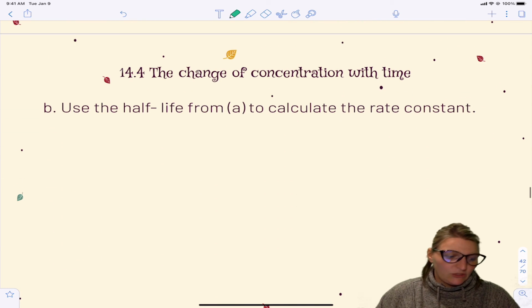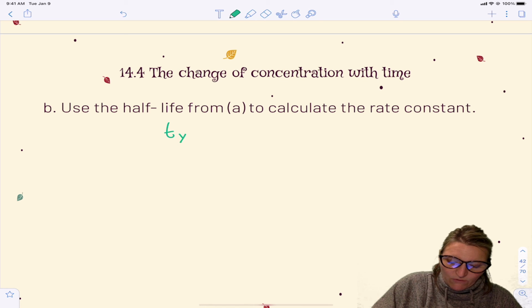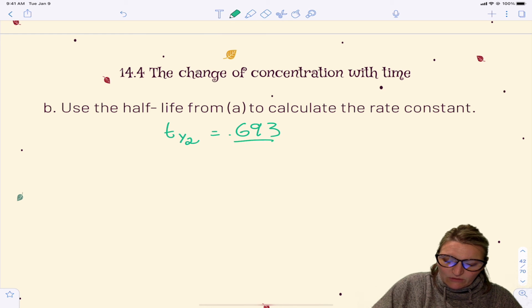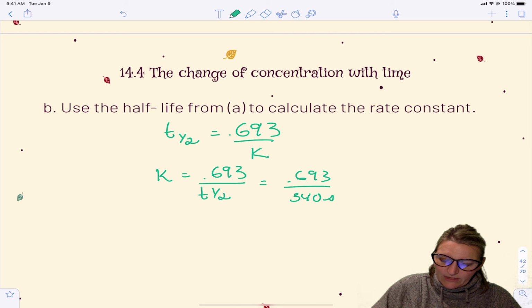And then B says, use the half-life to calculate the rate constant. Pretty straightforward. It's a formula that you have on your formula sheet, 0.693 over k. So I'm going to just rearrange this before I plug in the numbers. k equals 0.693 over the half-life. So 0.693 over 340 seconds.